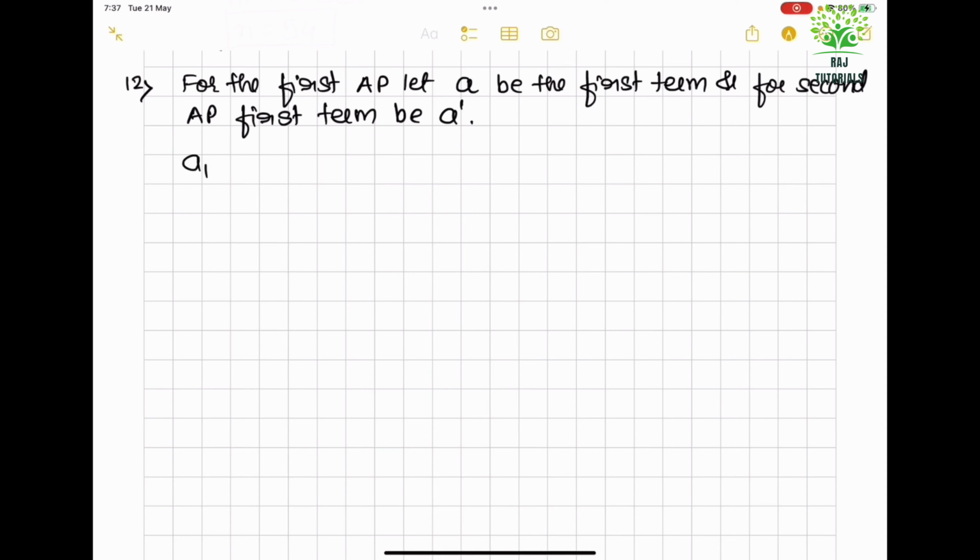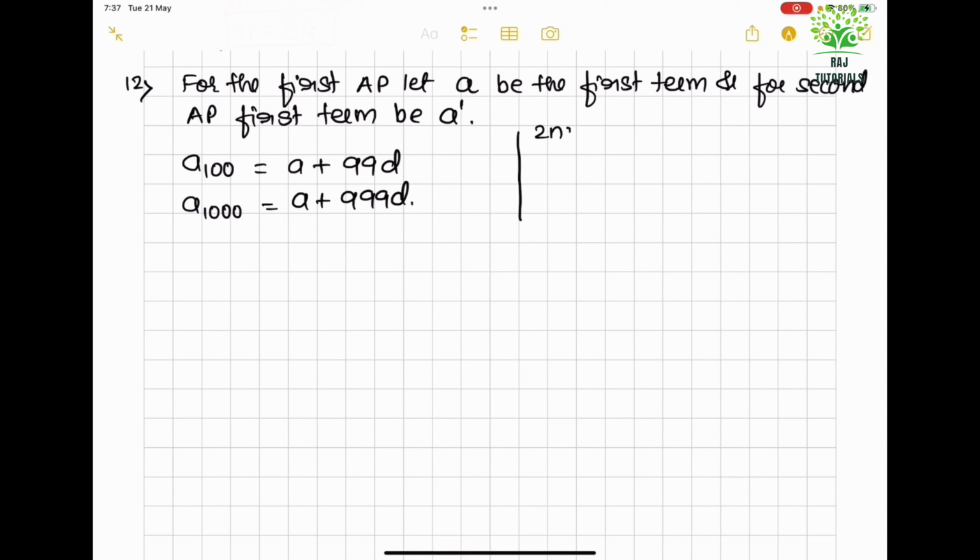Now, so A100 term for the first AP will be a plus 99d, and 1000th term for the first AP will be a plus 999d.